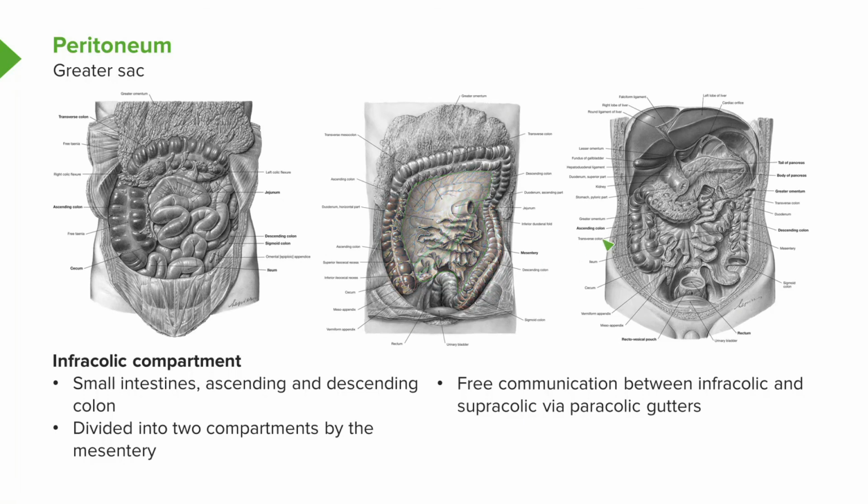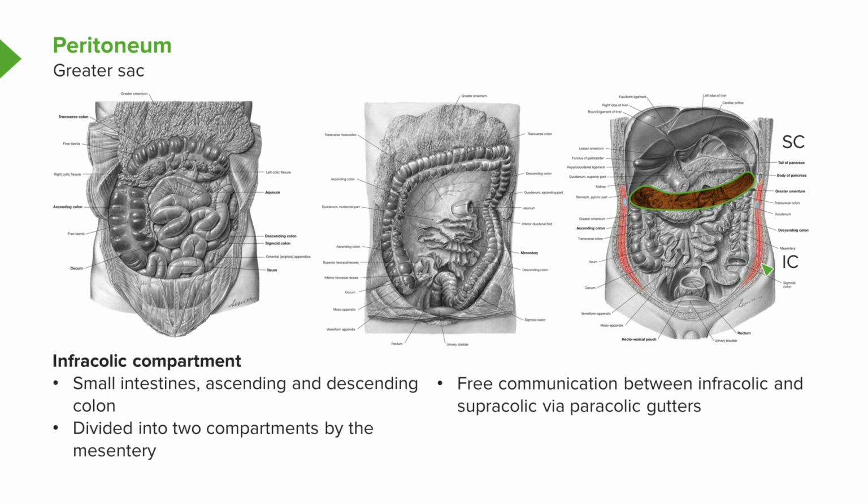So if we imagine here's the transverse colon that's been removed, this is supracolic and this is infracolic down here. These paracolic gutters allow fluid to pass through the abdominal cavity.